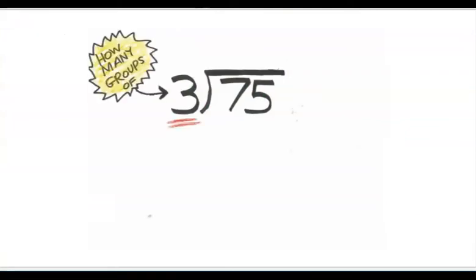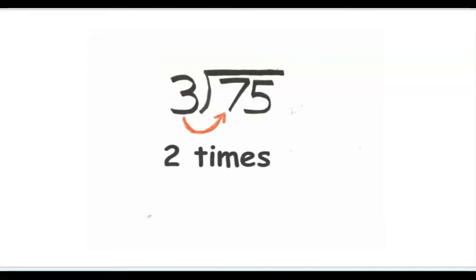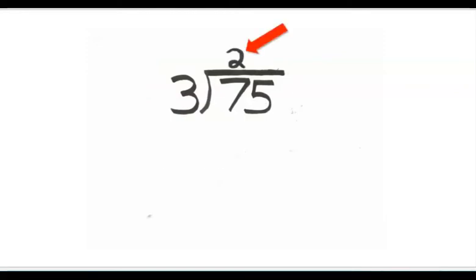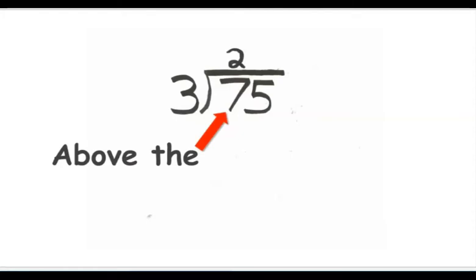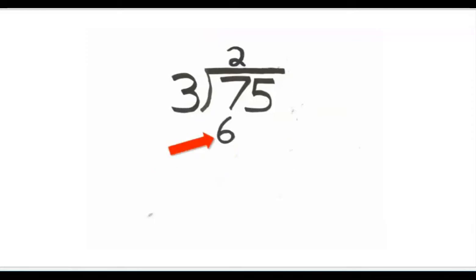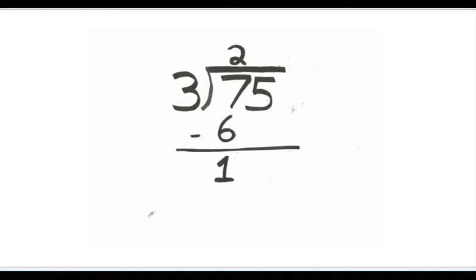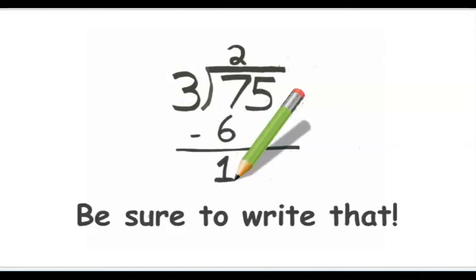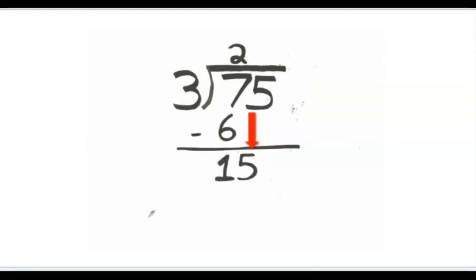You gotta find out how many groups of 3 you'll need. 3 goes into 7 only 2 times, so you write the number 2 on the line. Multiply that 2 by 3. 2 times 3 is 6. Now it's time to subtract. 7 minus 6 is 1. Bring down the 5 beside the 1.